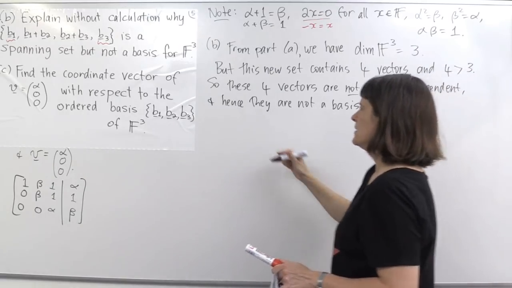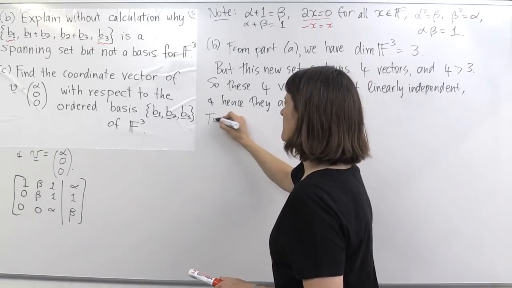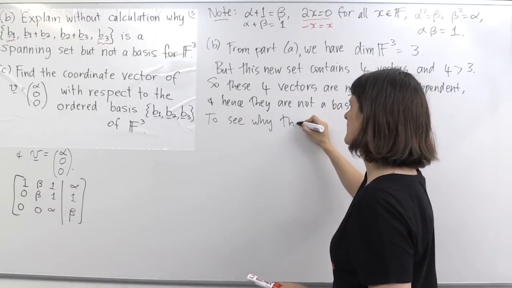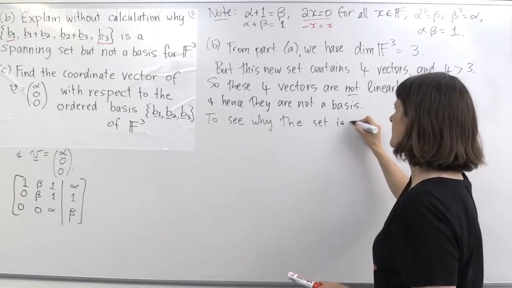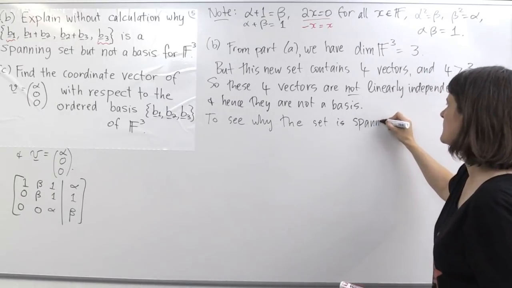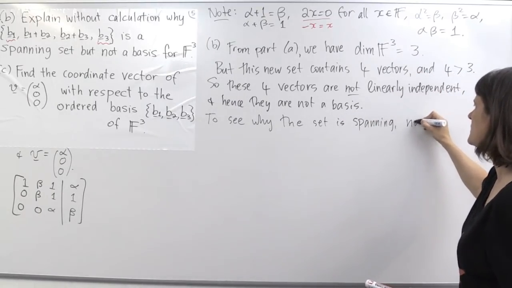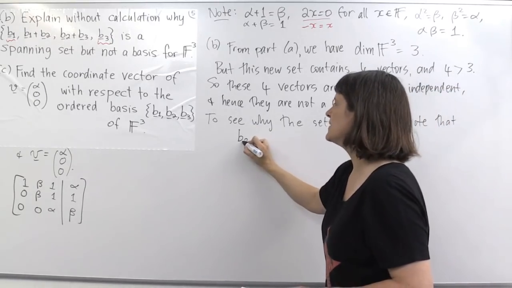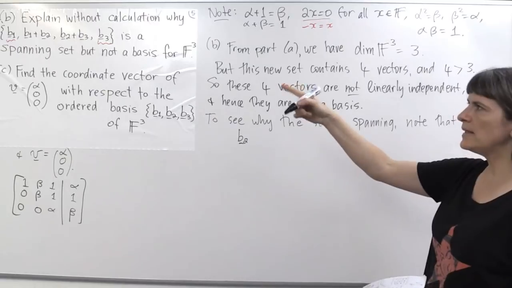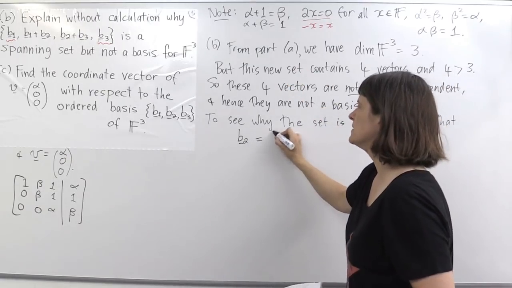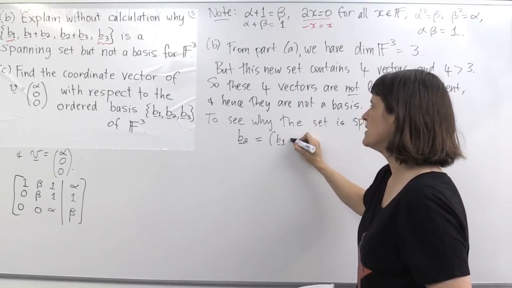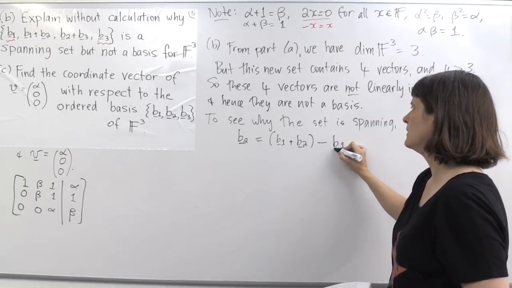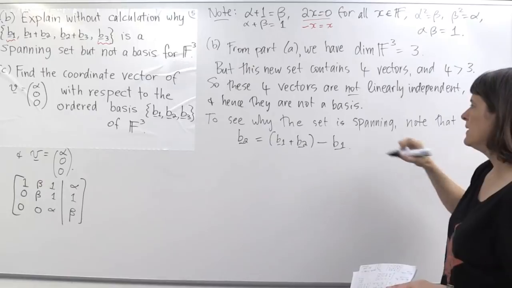So let's say, to see why the set is spanning, note that the vector B2 we had before can be easily obtained from this set. So for example, it's B1 plus B2, take away B1, which we've got.